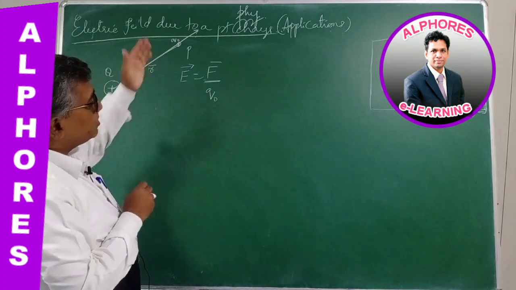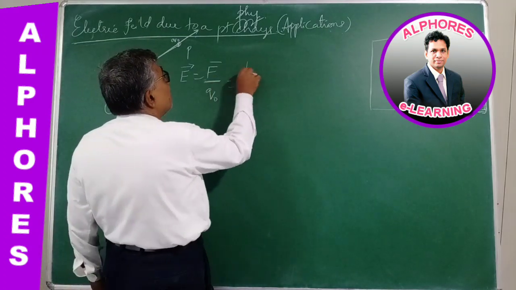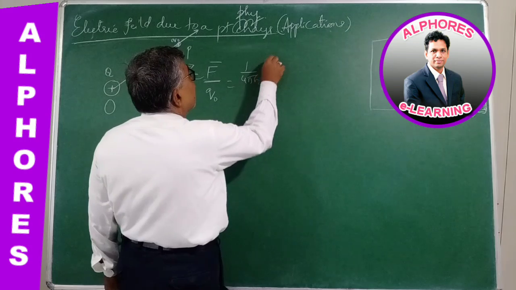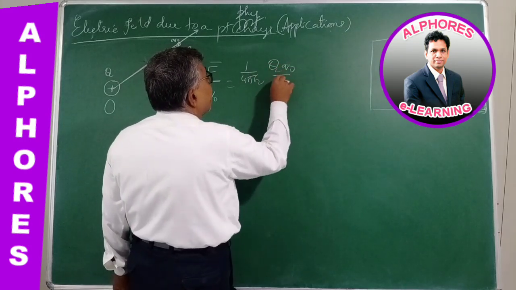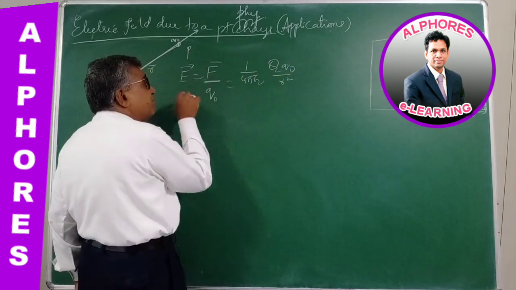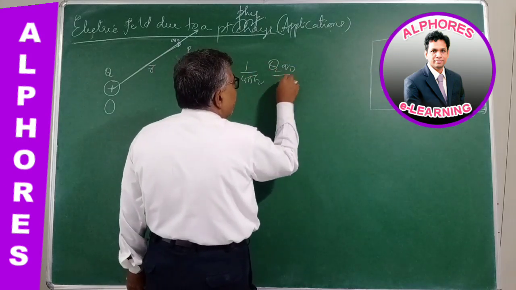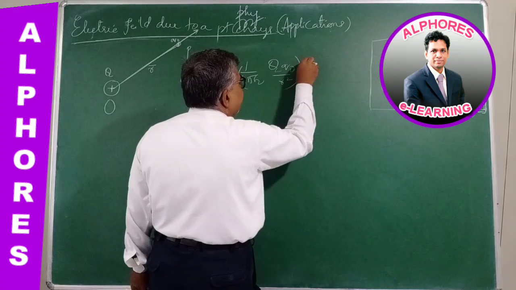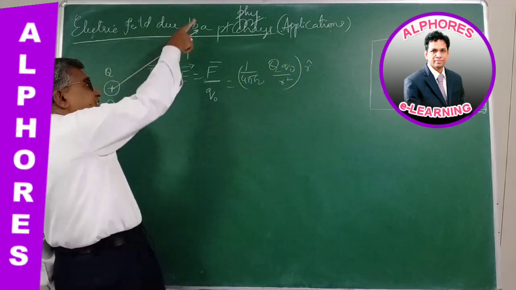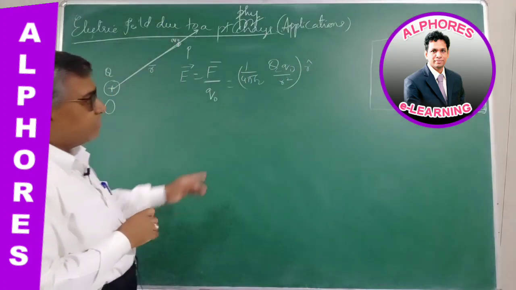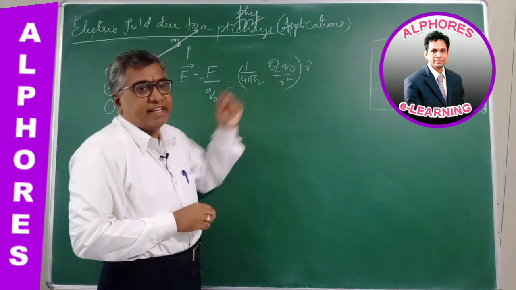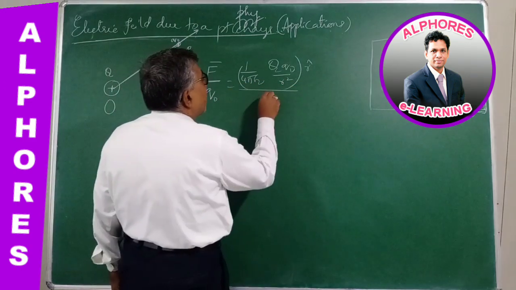Then the force experienced by the test charge is 1 by 4 pi epsilon naught capital Q naught by r square, in vector form F bar is 1 by 4 pi epsilon naught capital Q naught by r square times r cap, the unit vector in the direction of the radius vector. So this is the magnitude of the force, this is the direction.